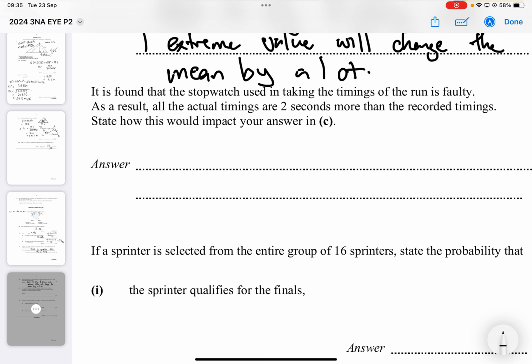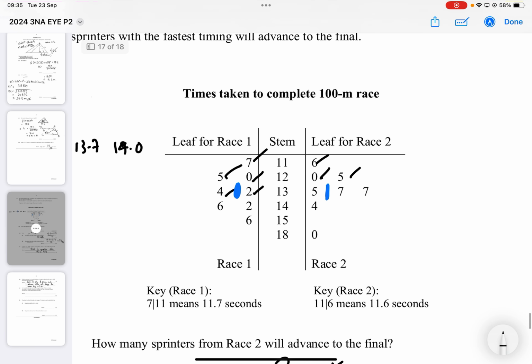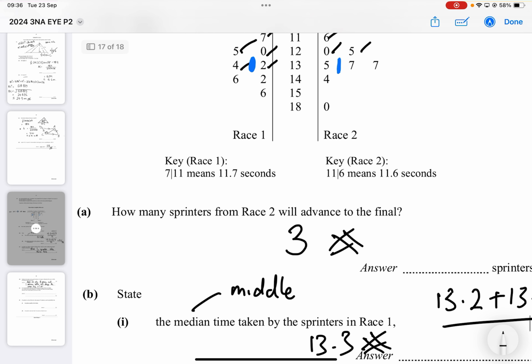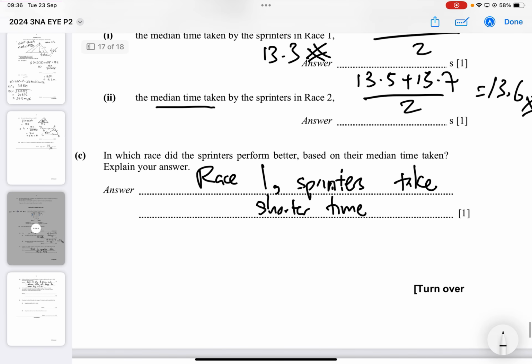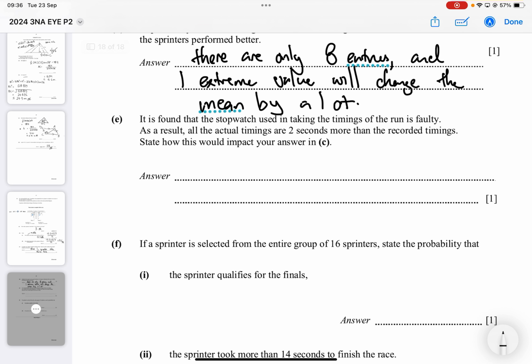Meaning, if I record the first one as 11.7, but the actual time that they took is actually 13.7. 12.0, actually the real time is 14.0, 14.5. So every real timing should be 2 more seconds.